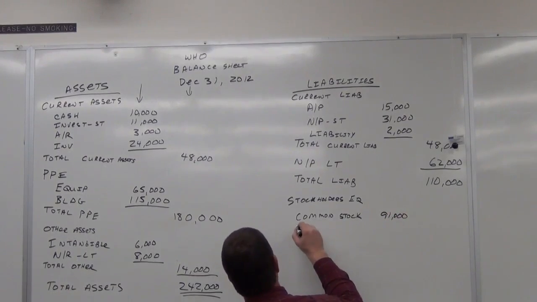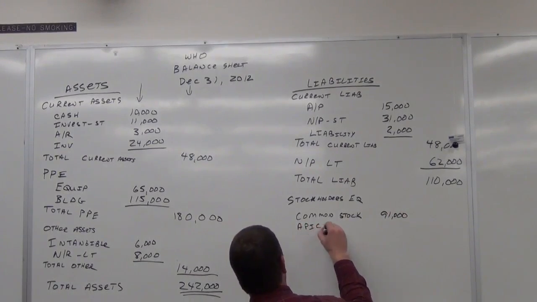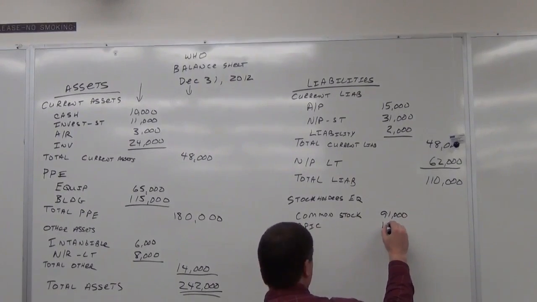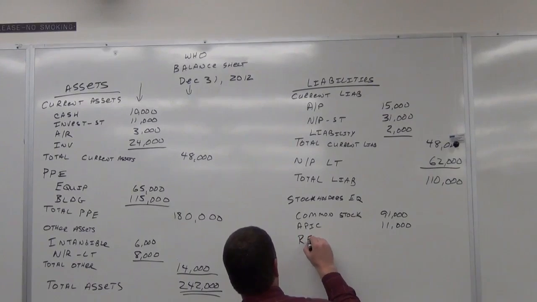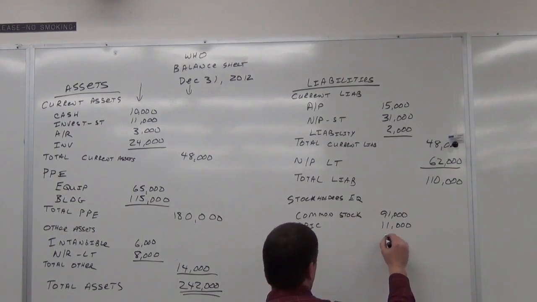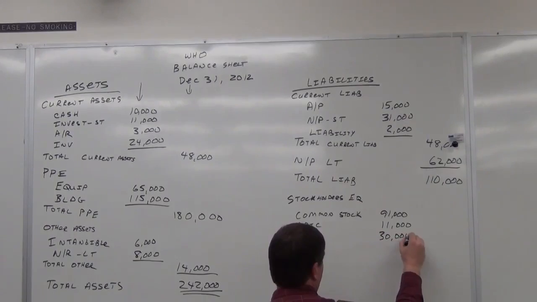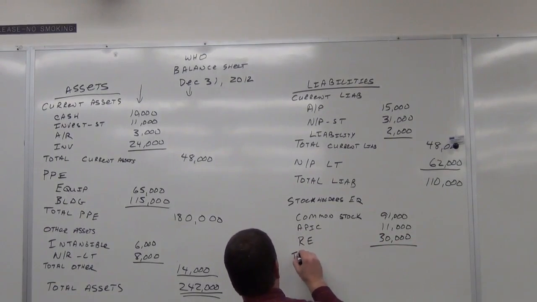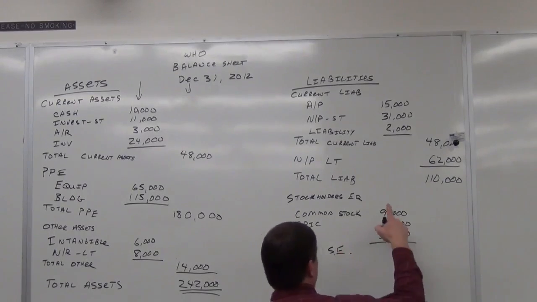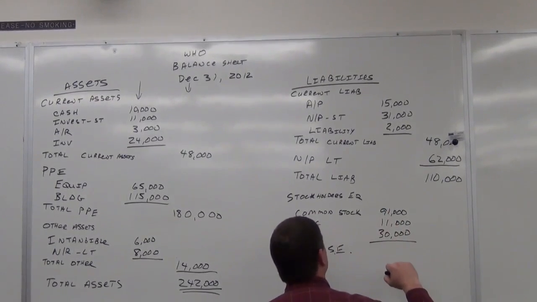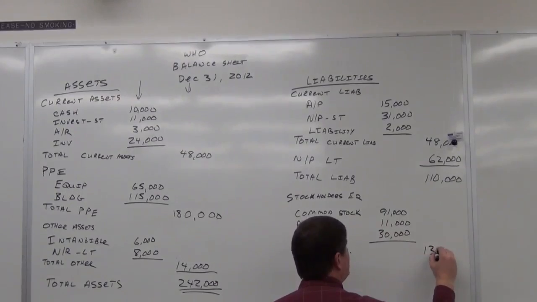What's next? Additional paid-in capital of 11. And what's last? Retained earnings of 30,000. Total stockholders' equity. What? 132.